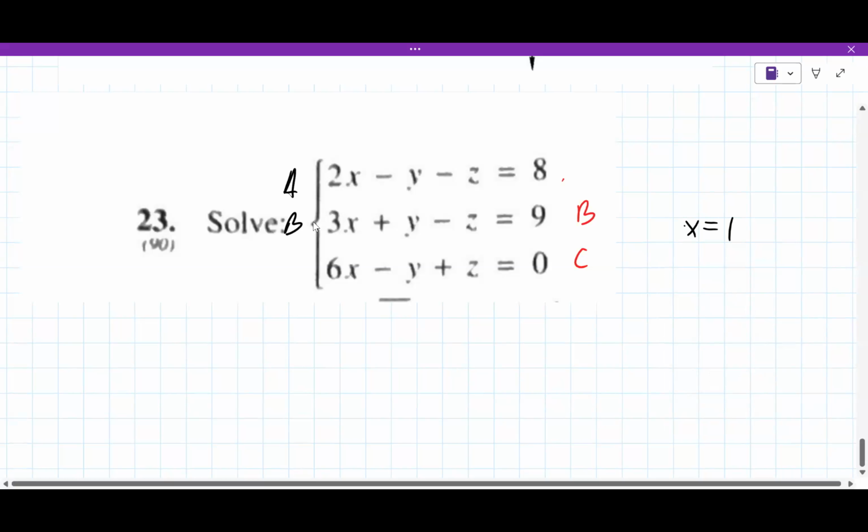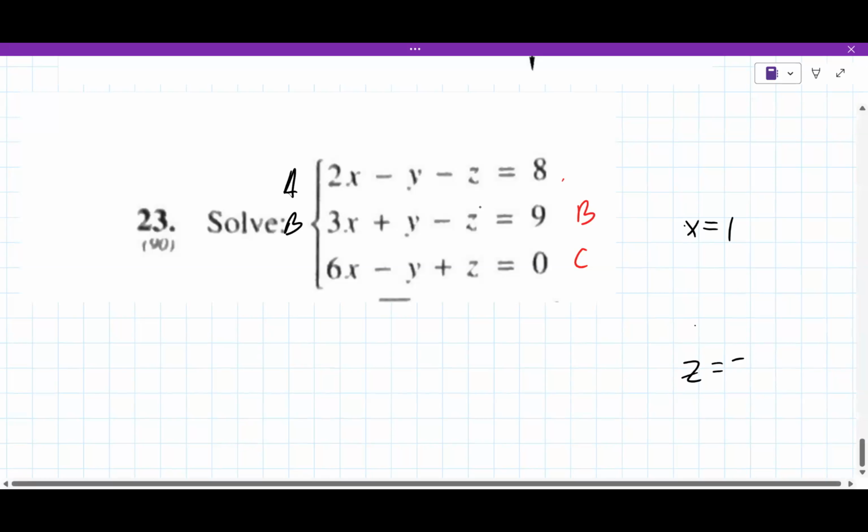I'd recommend combining the first two, solving for Z, and then using any of them to find Y. Z equals negative 12.